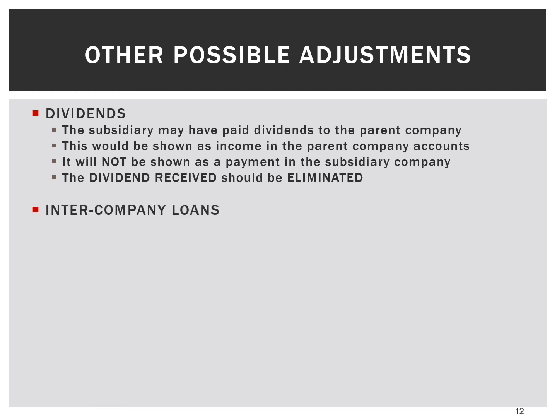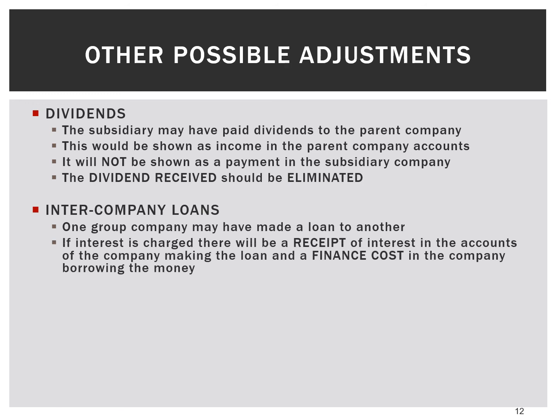The other thing that might arise is interest paid on intercompany loans. If one group company lends money to another group company and charges the company interest on that loan, then in the accounts of the company making the loan, there will be a receipt of interest as investment income perhaps, and in the company that's borrowed the money, the interest paid will be included as a finance cost.